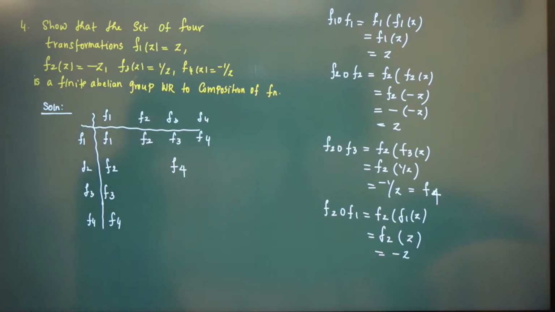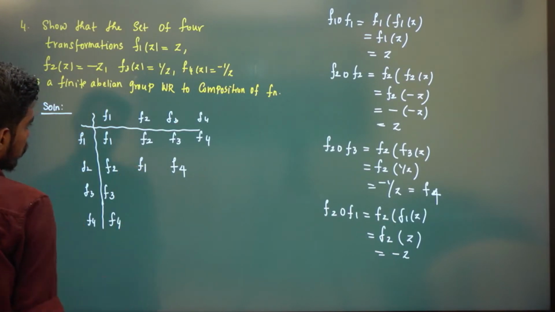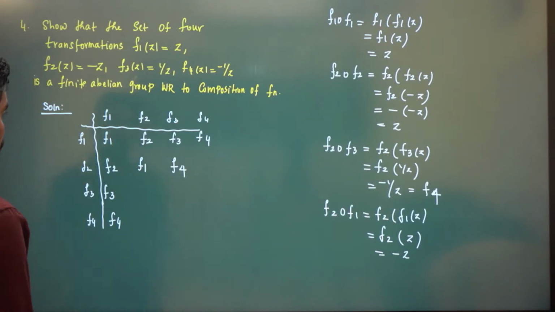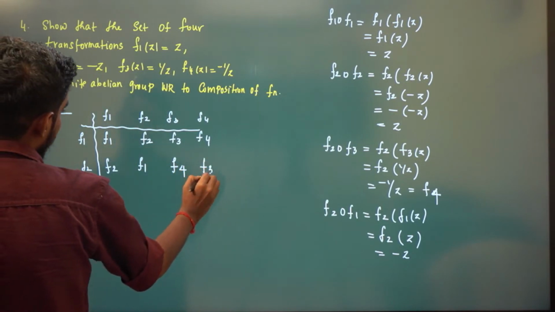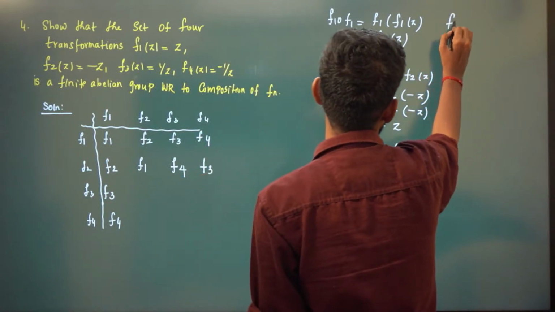Now what is F2 composite F2? F2 composite F2 is F1. F2 F4 has to be F3. Now what is F3 F2?